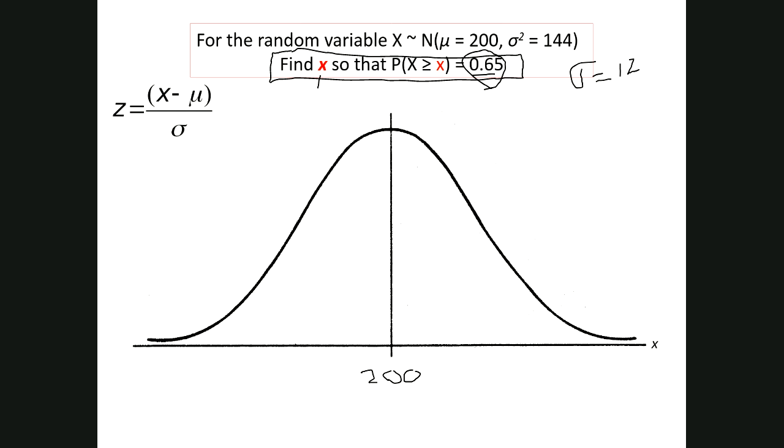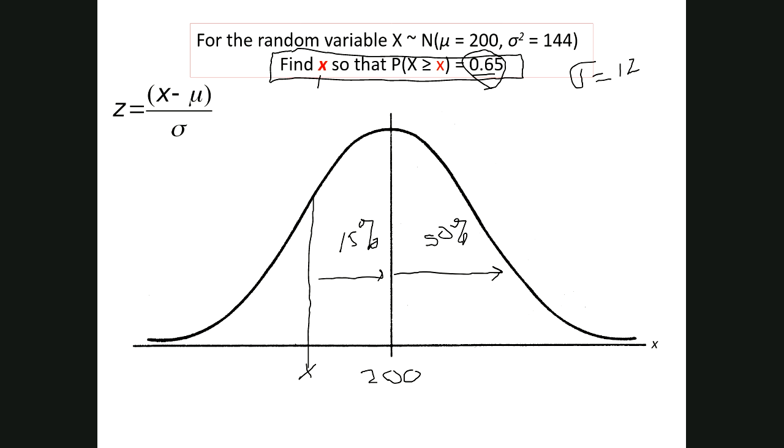We know everything above 200 is 50%. So this X has to be somewhere to the left, because we need another 15%. Again, this is not to scale, but we need to find X somewhere over here so that we have another 15% to add to that 50%.